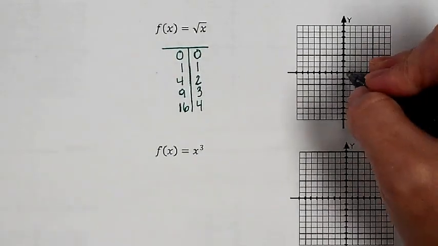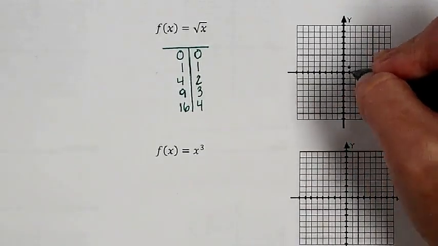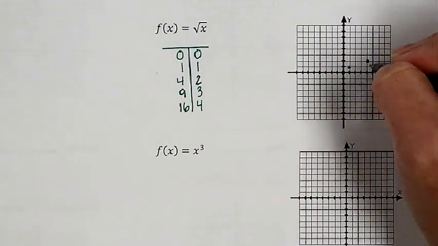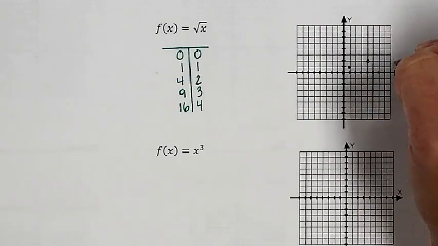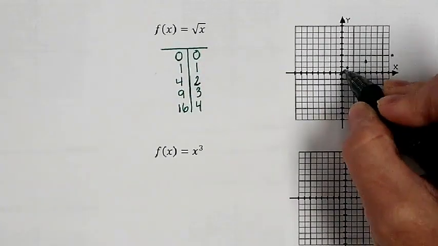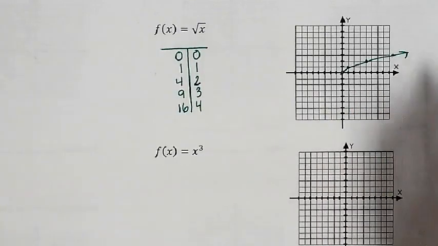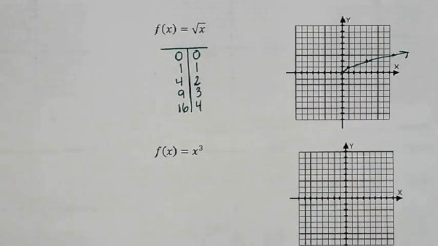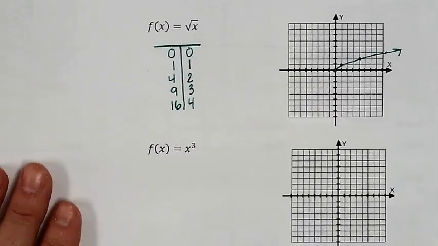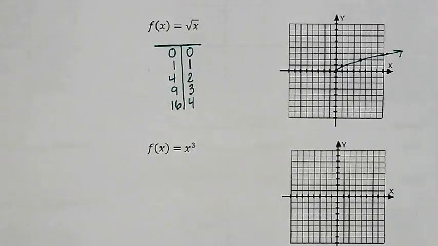So let's go ahead and graph this. Yes. For the y's, wouldn't it be positive and -2?